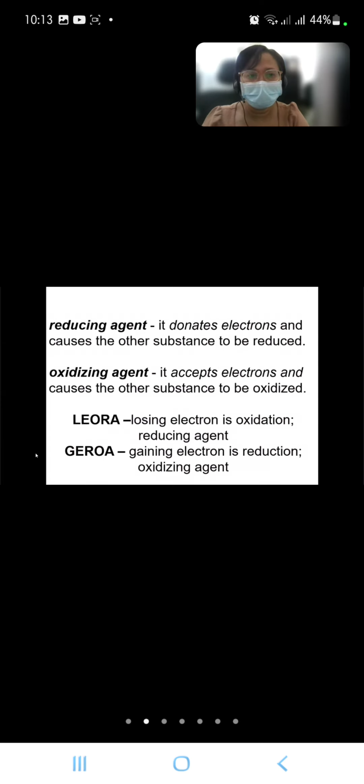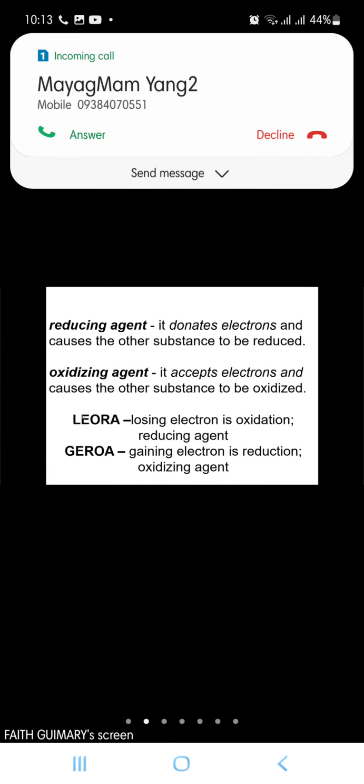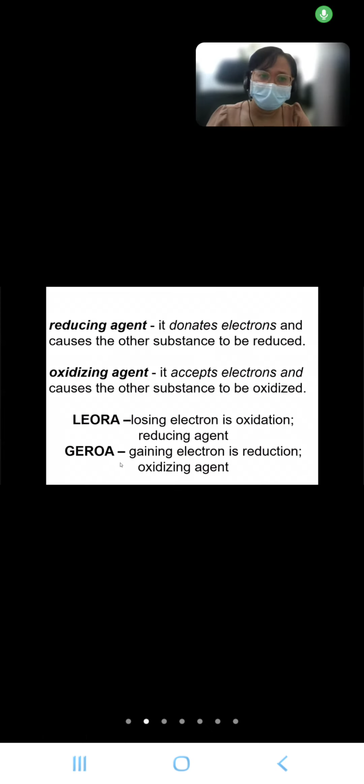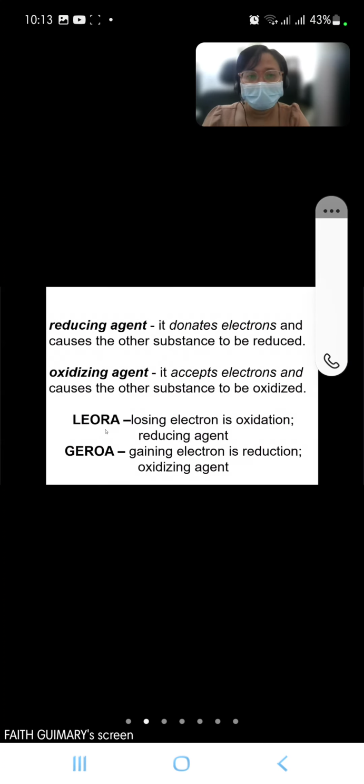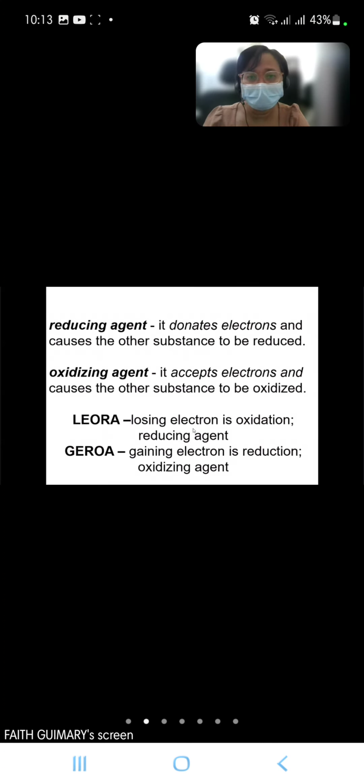We have the LEO and GER. LEO stands for losing electron is oxidation, and GER is gaining electron is reduction. For the agents, we can also use these two acronyms. LEORA, which means losing electron is oxidation, and it is the reducing agent.